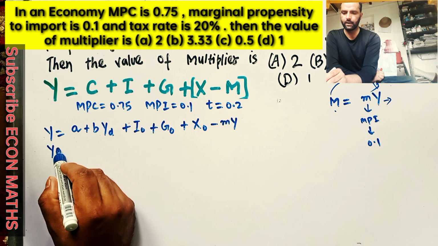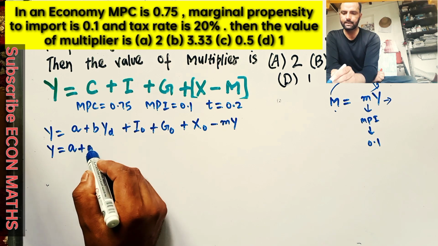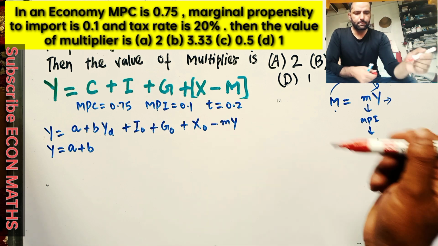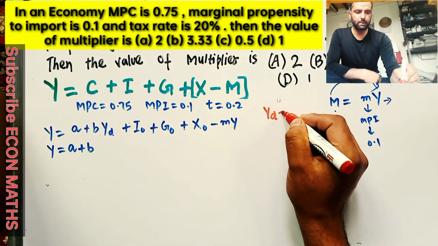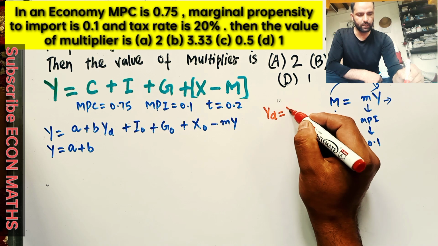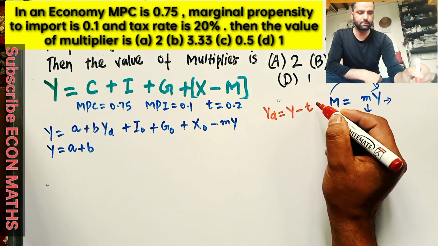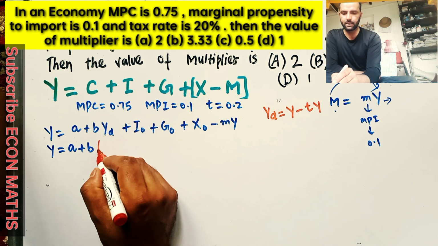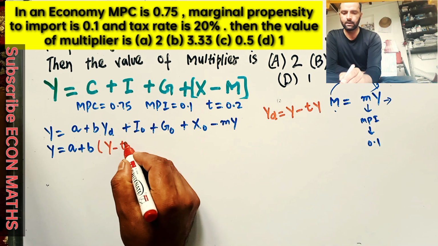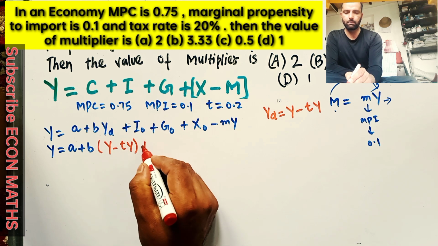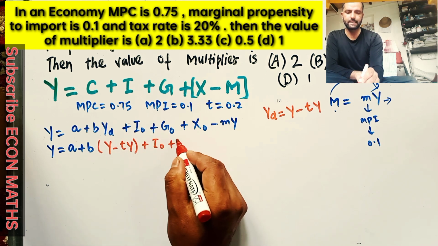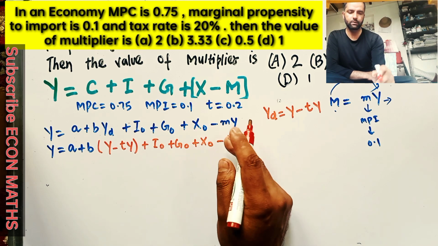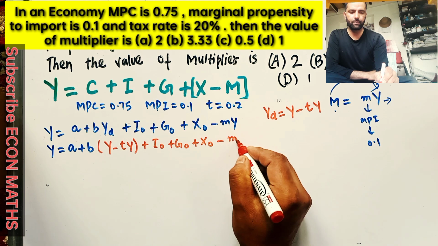So we can write y is equal to a plus b times y subscript d. What is y subscript d? It is simply disposable income, which is our income minus the tax paid on this income, so y minus ty. In place of y subscript d, I can write y minus ty, plus I naught plus G naught plus X naught minus my.